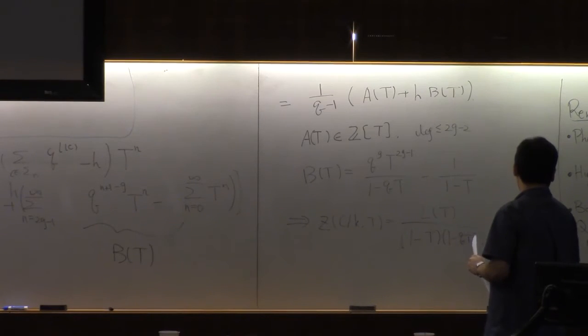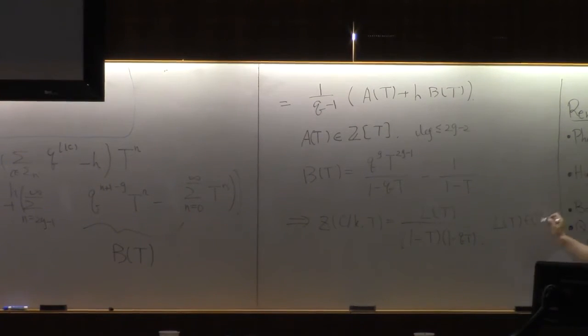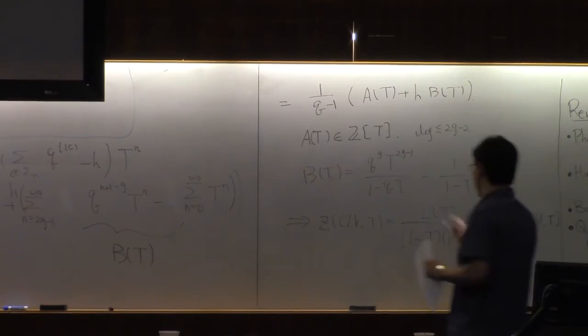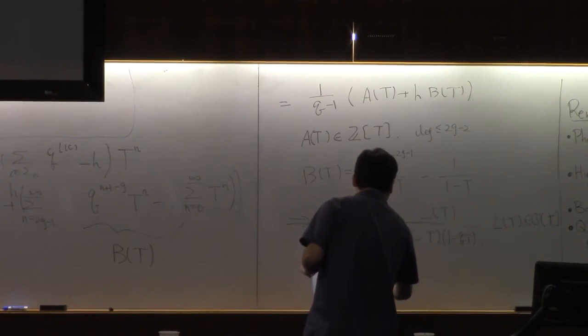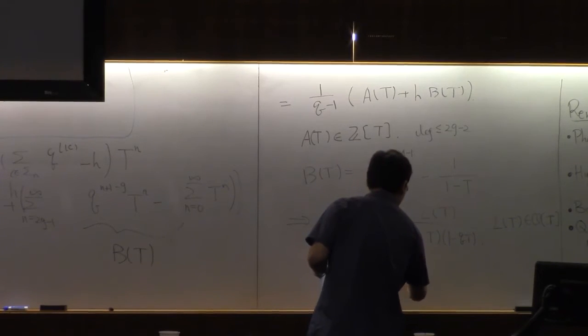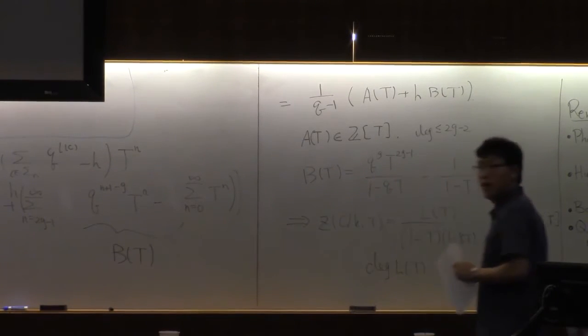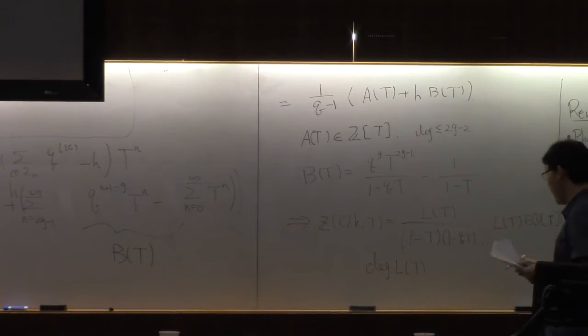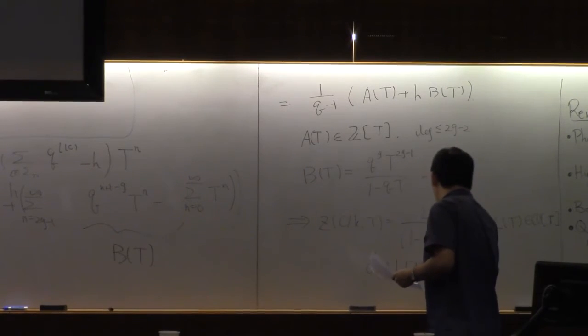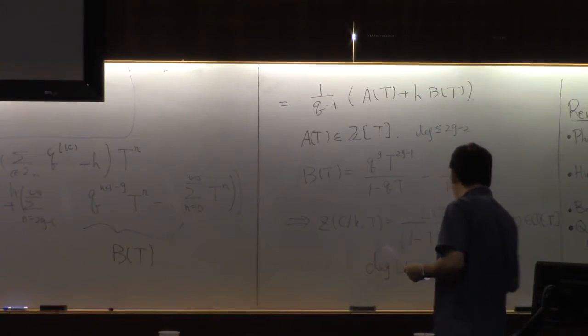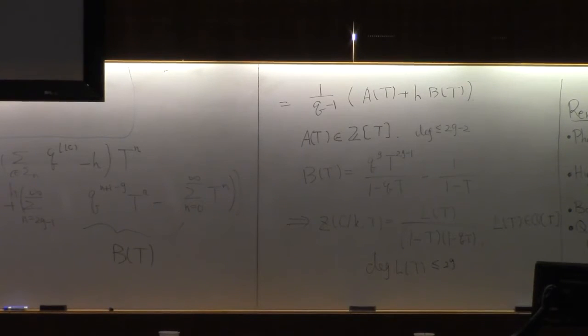But here we only know that the numerator, which I denote by L(t), is a polynomial with coefficients in the field of rational numbers. Moreover, if you really compute this polynomial, you can see that its degree is less than or equal to 2g.